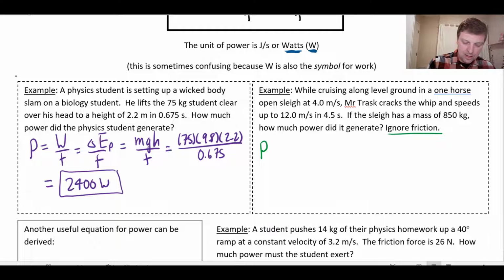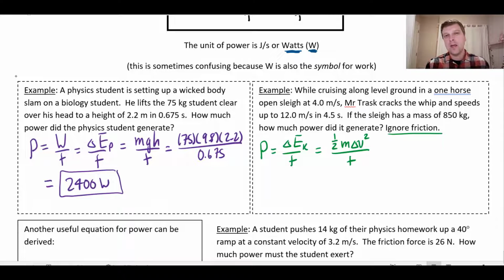So power, as we know, is a change in energy over time. But if I'm just going over level ground and accelerating, then the work that's being done is changing the kinetic energy of the sleigh, not the potential energy. So in this case, it's just a change in kinetic. Now, this is going to be equal to 1/2 m delta v squared, all divided by time.